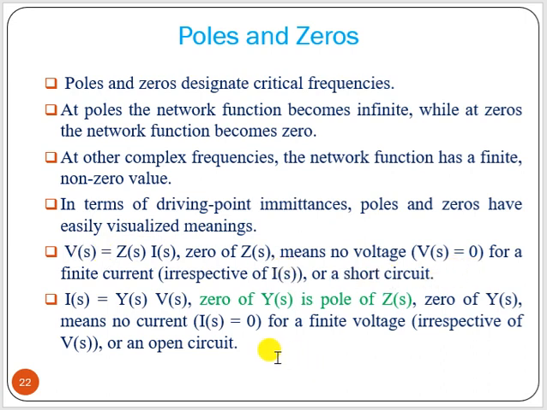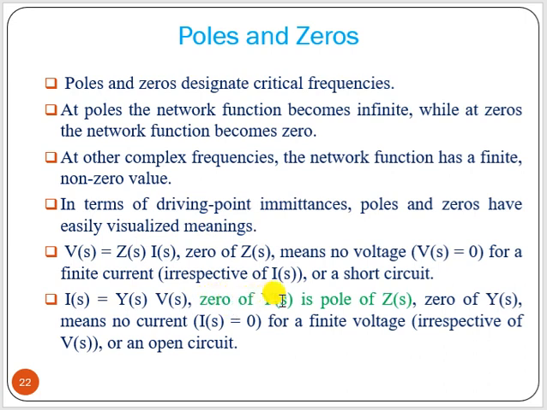Now similarly, Is equal to Ys into Vs. This is for the admittance function. Z equal to 1 by Y. Now Zs and Ys are reciprocals of each other. So the zeros of Ys are nothing but the poles of Zs.